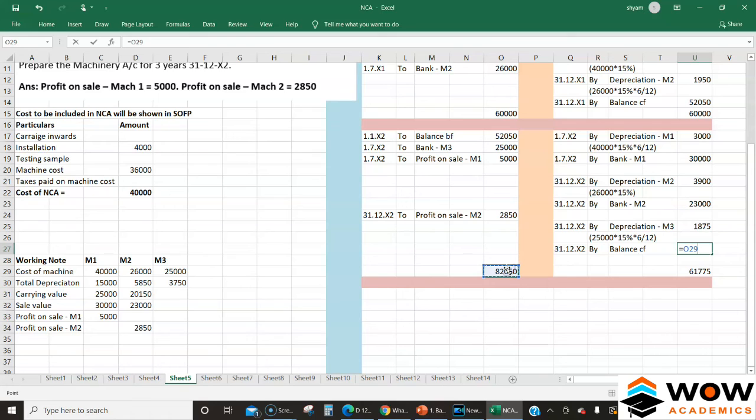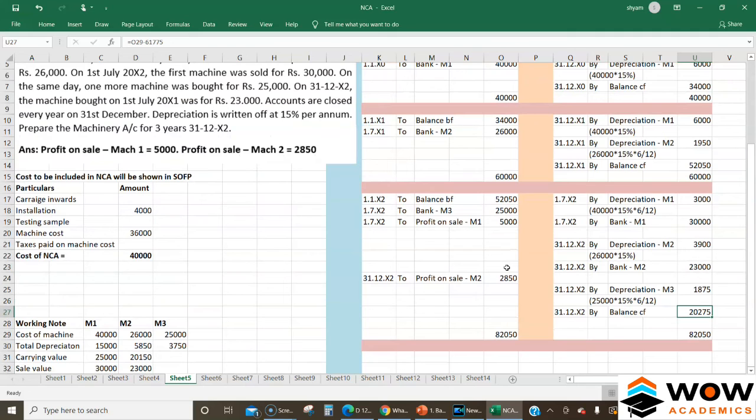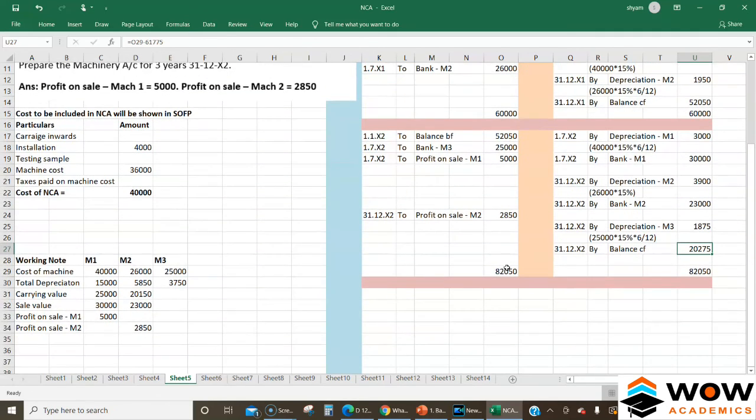So this value minus 61775. Okay, so 1875 is the worth of the machine.